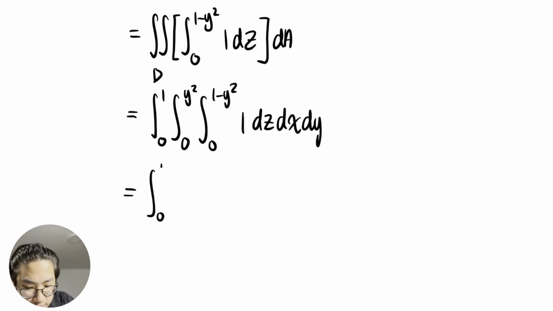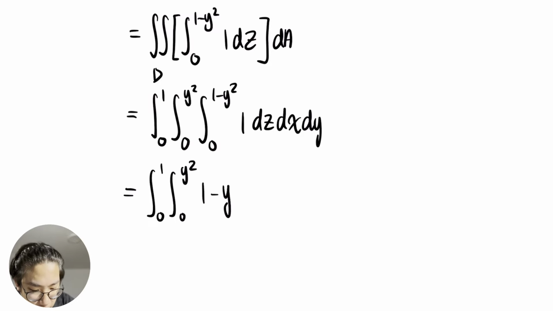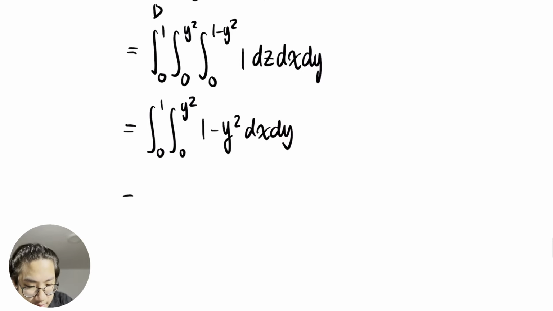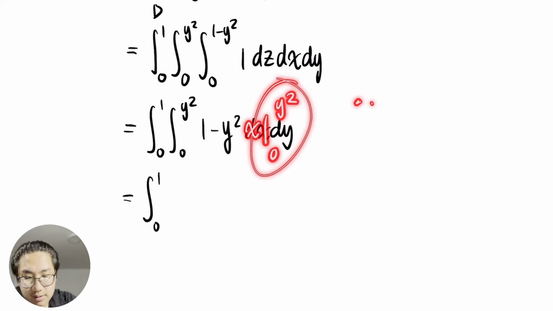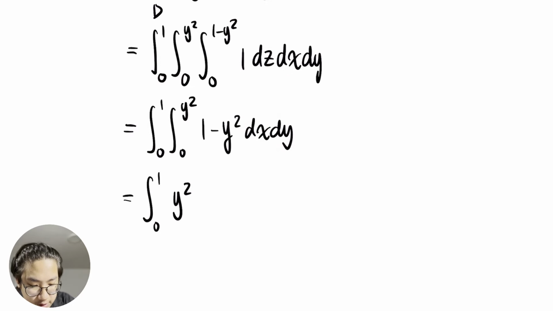So we have the integral from 0 to 1, 0 to y squared, of 1 minus y squared, dx dy. Similarly, this becomes x evaluated from 0 to y squared, so we get y squared minus y to the power 4, dy.